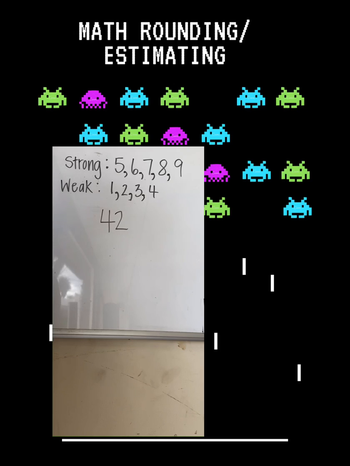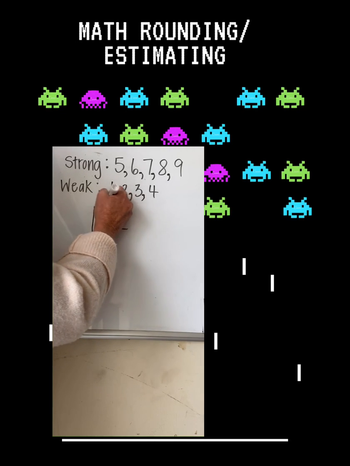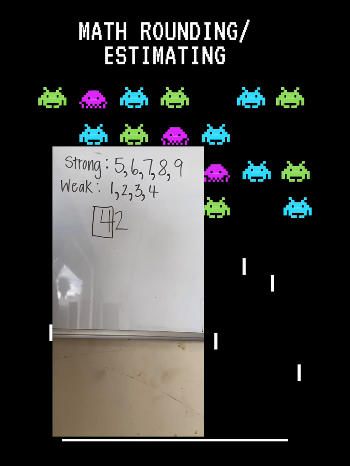When they say round to the nearest 10, that means we're dealing with the digit that's in the tens place. You got it, it's that one. Now the next thing you have to look at is the number that's in the ones place, the 2.